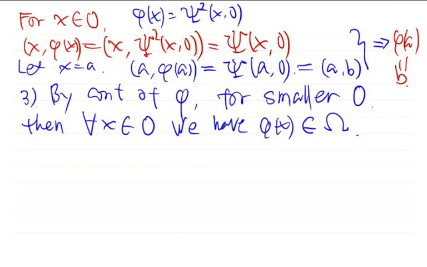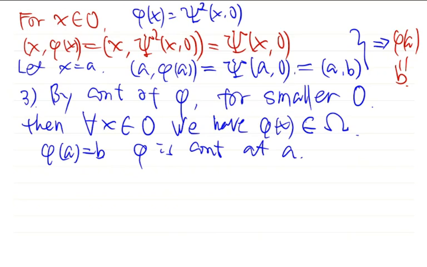Why is this true? Because phi A is B and phi is continuous, at least at A. Therefore, when x is very close to A, phi x should be very close to B. This is the continuity. But phi x being very close to B means that phi x is contained in an open set containing B, that is our omega. Okay, so this is the usage of continuity.